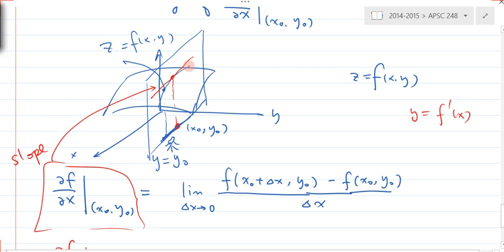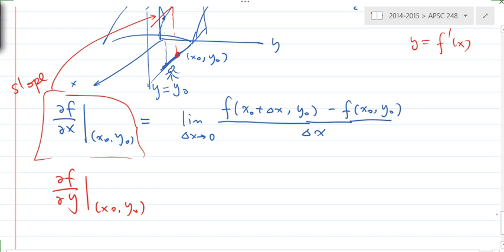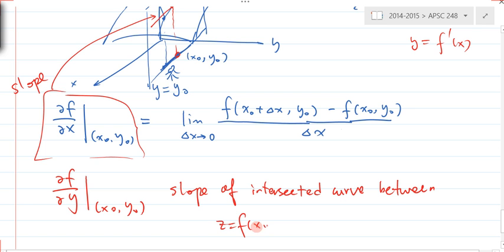For the x derivative, the curve is the intersection of the plane y equal to y naught and the surface. For this one, it has to be the slope of the intersected curve between the surface and what else? x equal to x naught. Between these two, at the x naught, y naught location.